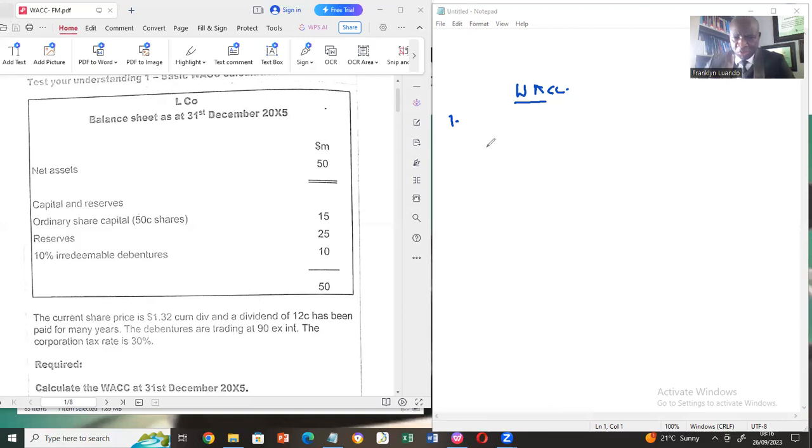So we'll start with cost of equity. Cost of equity is denoted by KE. The cost of equity can be calculated using two methods, depending on the information available in the question. We have, one, CAPM.